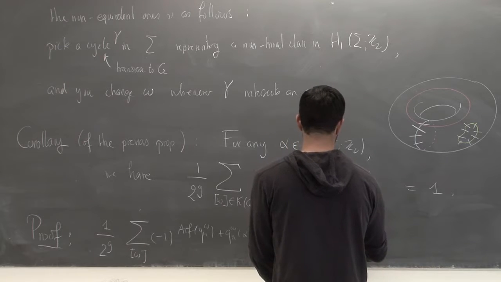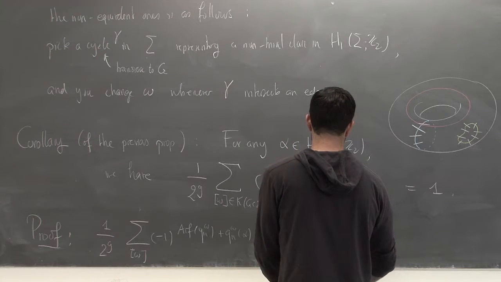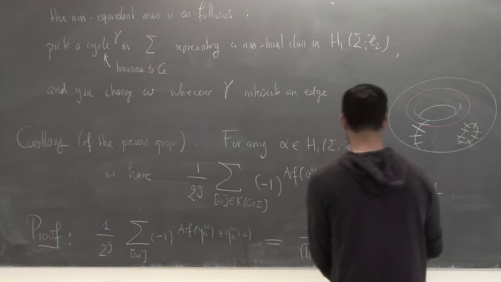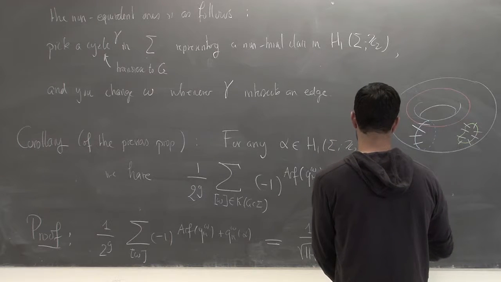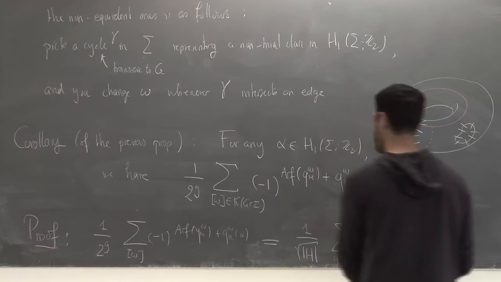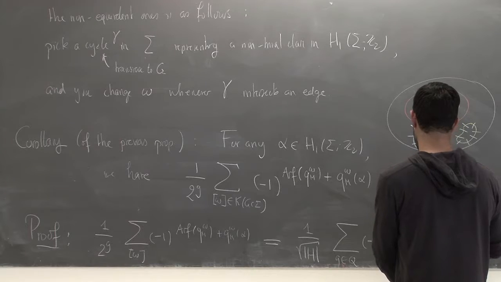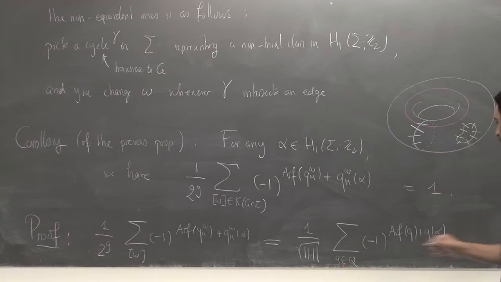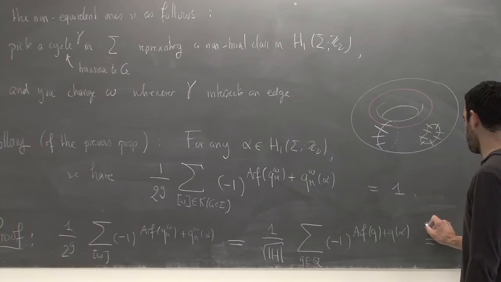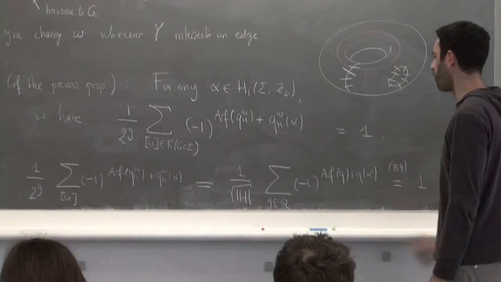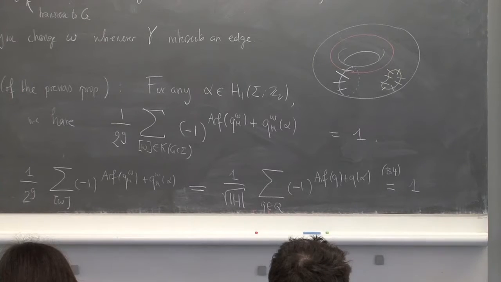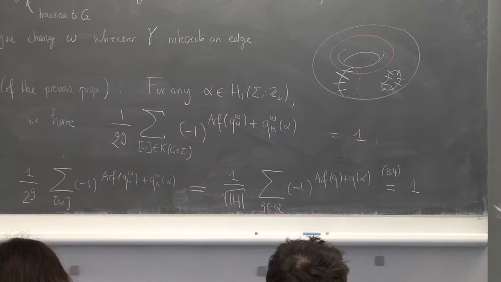Here I am summing over all quadratic forms, minus 1 to the alpha invariant of Q plus Q of alpha. And that was a formula we had. I think it was fact B4 in this crash course on quadratic forms.